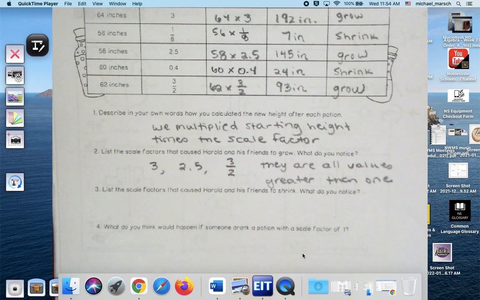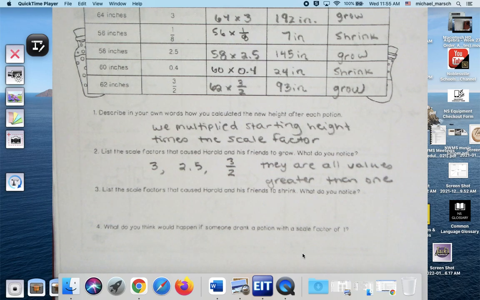Go ahead and do the next one where you list the scale factors where people would shrink. So for number 3, it says list all the scale factors that caused Harold and his friends to shrink. What do you notice about those 3 scale factors?